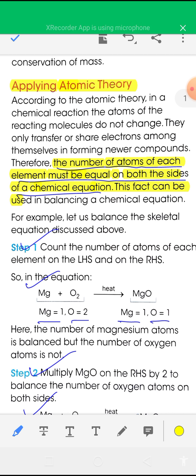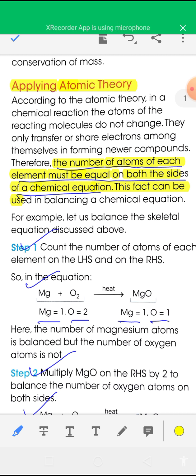According to atomic theory, in a chemical reaction the atoms of the reacting molecules do not change. They only transfer or share electrons among themselves in forming new compounds.